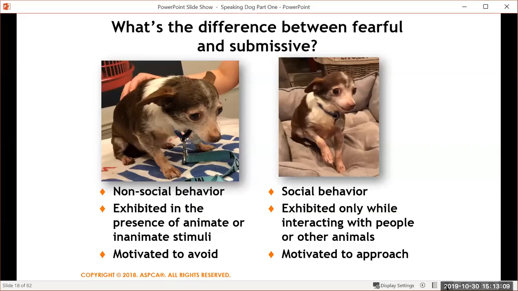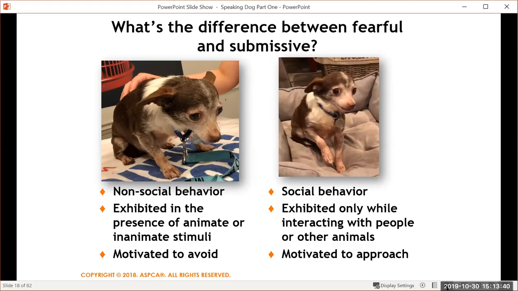So it's very likely that a person is approaching the dog in this case. So you're only going to see it in the context of interacting with people or other animals. And typically a submissive dog is more motivated to approach. Or in this case, this particular dog, maybe not approach, but you could conceivably imagine that this dog might flip upside down as the next behavior. The other thing that is consistent with submission is that paw raise.